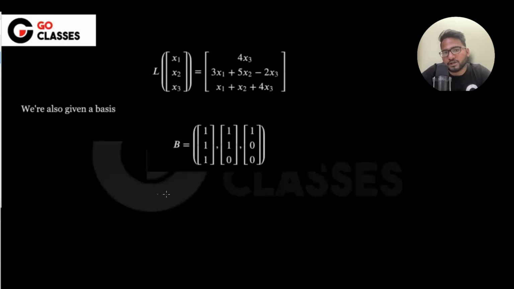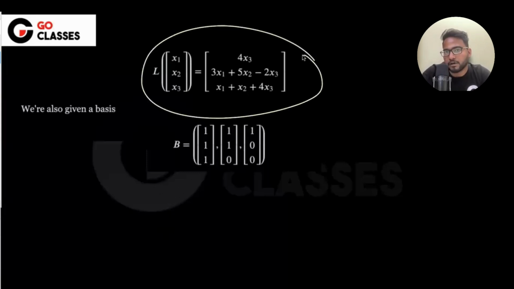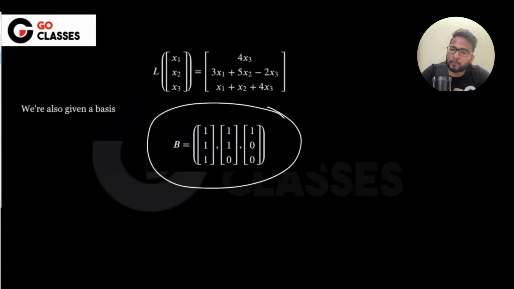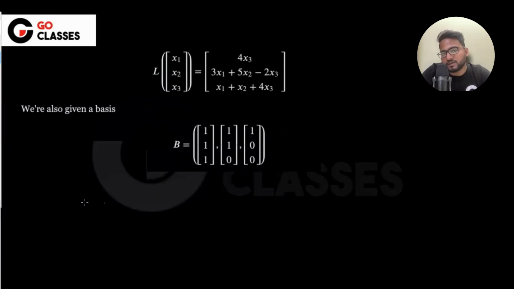So see, the question is: what is the matrix that does this transformation, but it does not take an arbitrary basis. Input is this basis, output is the same basis. So basically, your usual equation is something like this, L or T, whatever.